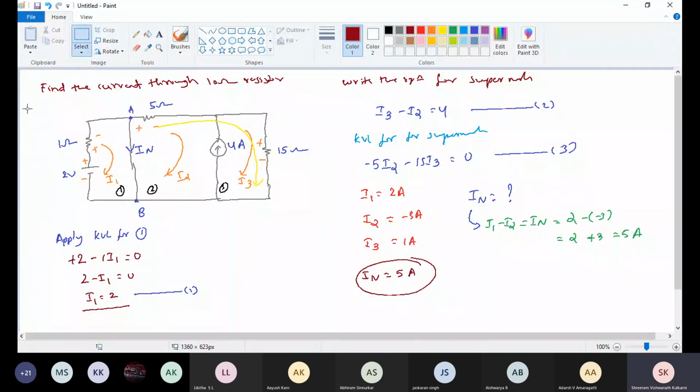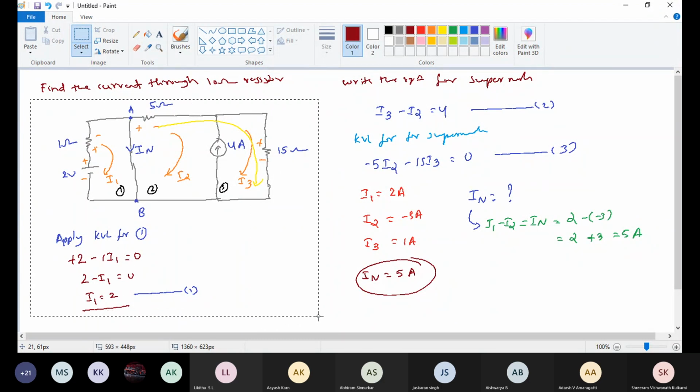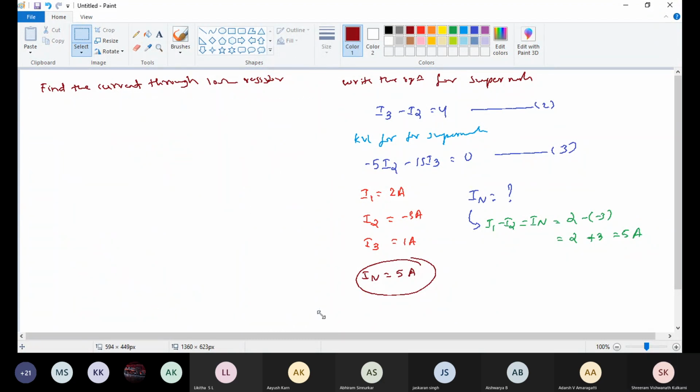Now see here, I remove this. For drawing the equivalent circuit, we need IN as well as Rn. Here this is the circuit for that.